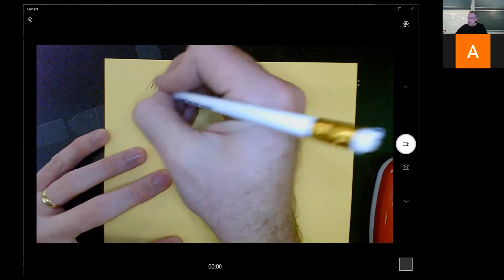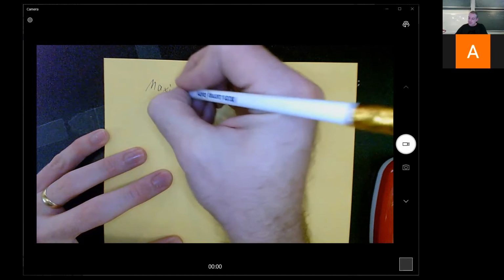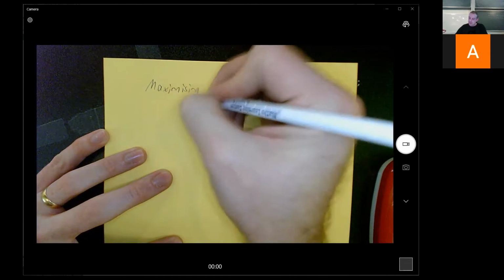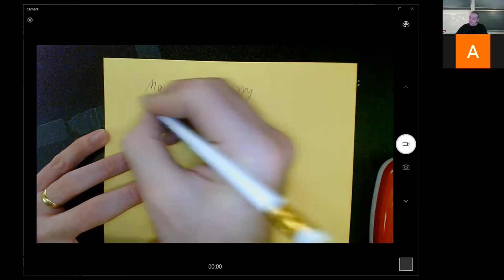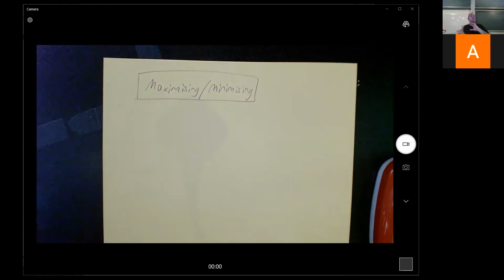Yeah, some of these are the same ones. Okay. So I think what I'm just going to do is talk about those things. And they're going to be different for different contexts.